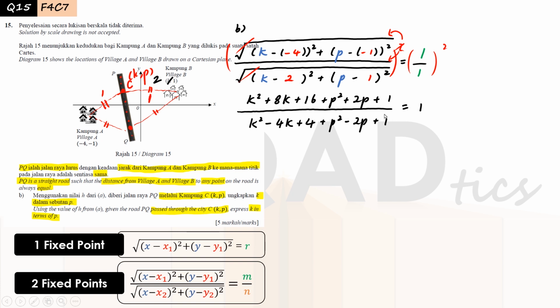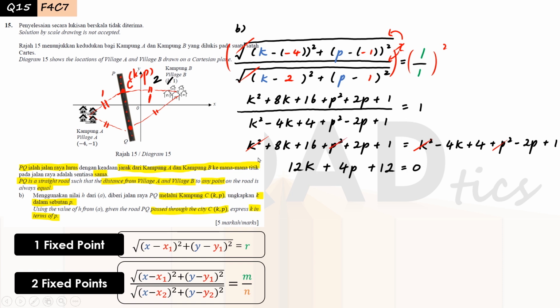Then I'm going to move the denominator to the right side, and move all of these values to the left to simplify even further. The k square and the p square will all be cancelled off, and all of these values will be moved to the left side and minus it together to get this result.